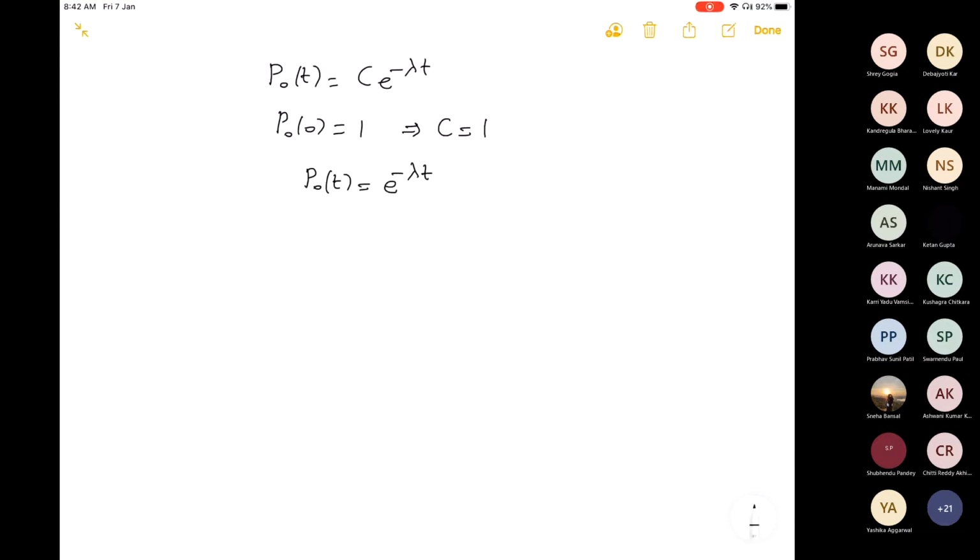Okay, now let us take Pn(t plus h). So this is the probability that N(0 to t plus h) is equal to n.